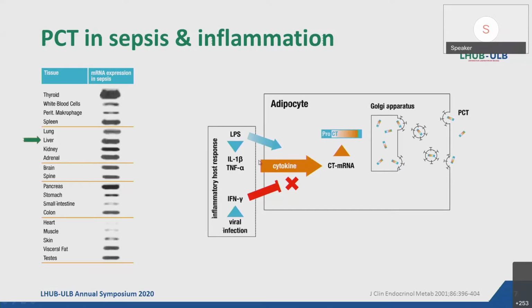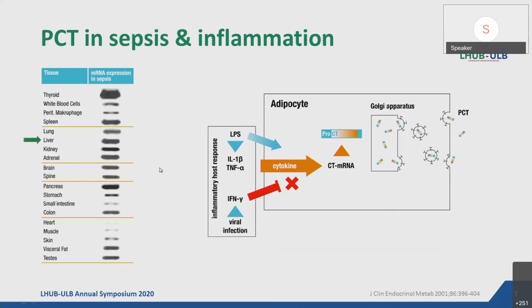And that can be seen, for example, in experiments with the injection of endotoxin to volunteers. And in viral infection, the high levels of interferon gamma will partly repress the secretion of PCT. That's why lower levels are actually seen in viral infection as compared to bacterial infection.